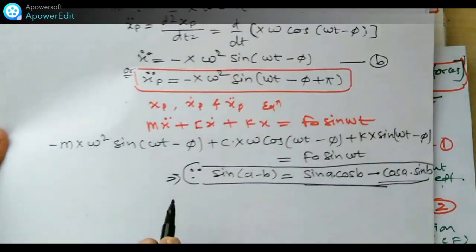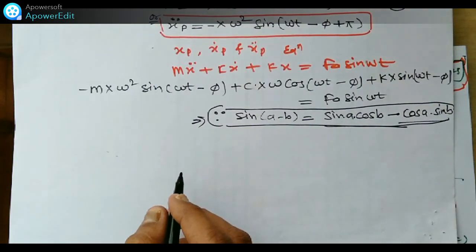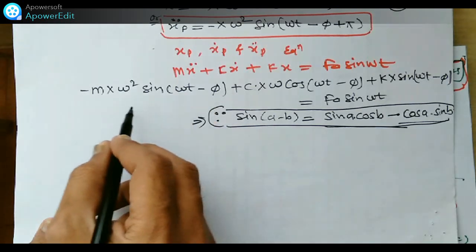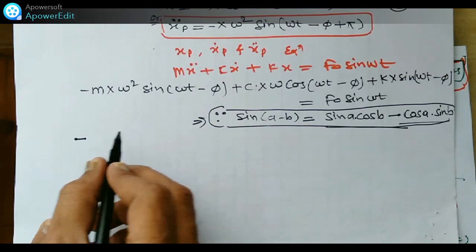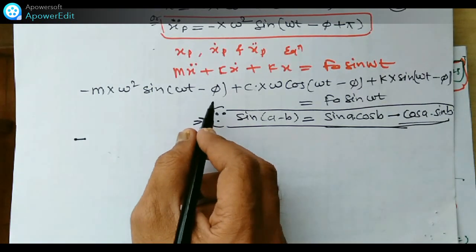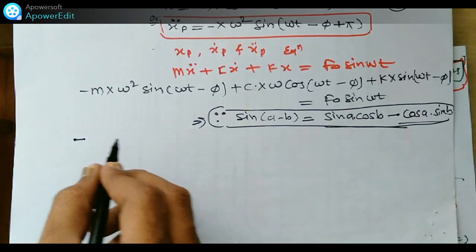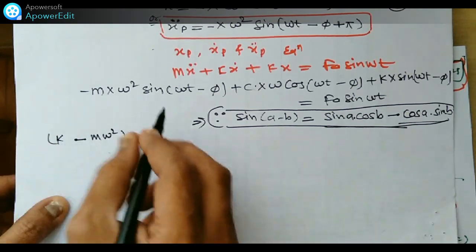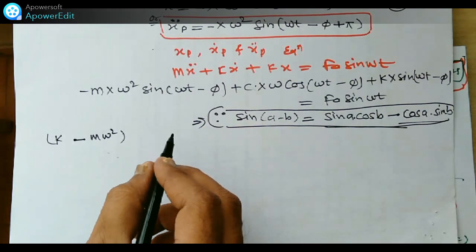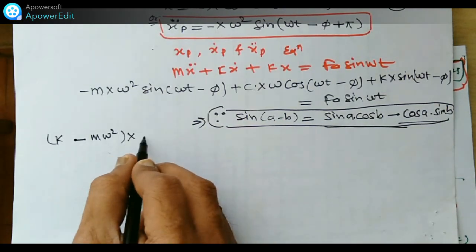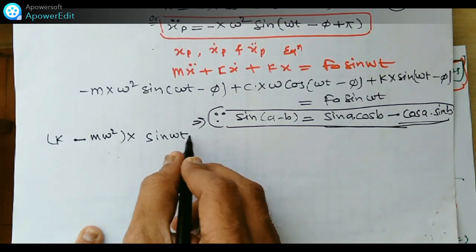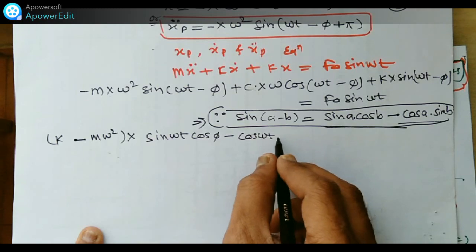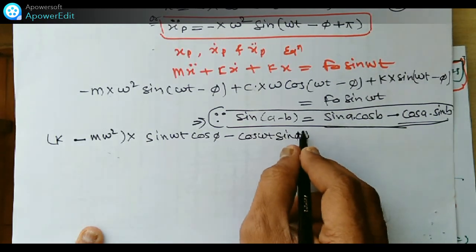Putting the values in this equation and solving it, for the first term I will write k minus m omega square into x, sine omega t cos phi minus cos omega t sine phi. This is the first term.